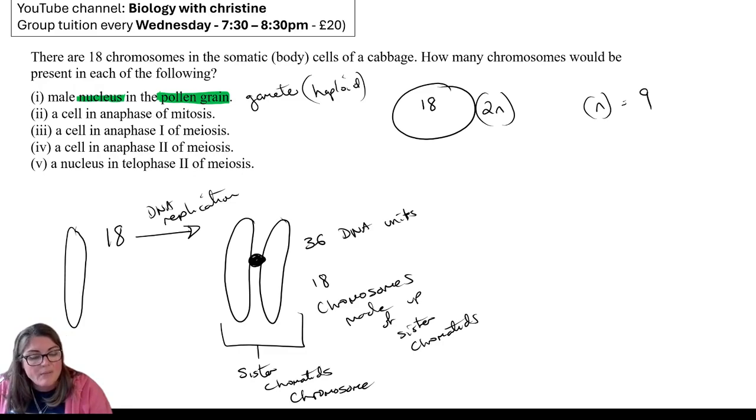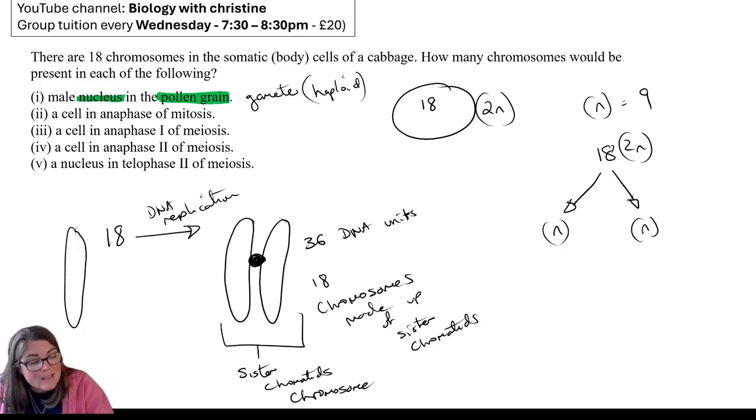And then the next one says a cell in anaphase 1 of meiosis. So we know that our 18 chromosomes are going to be replicated and then they are going to be divided. So we start with 2N, they're going to go to N and N. Now this is at telophase 1.